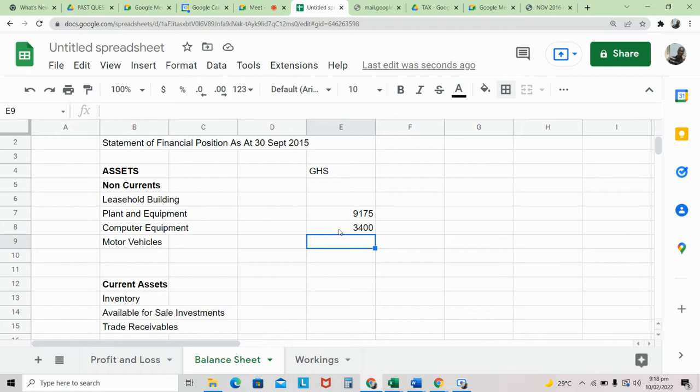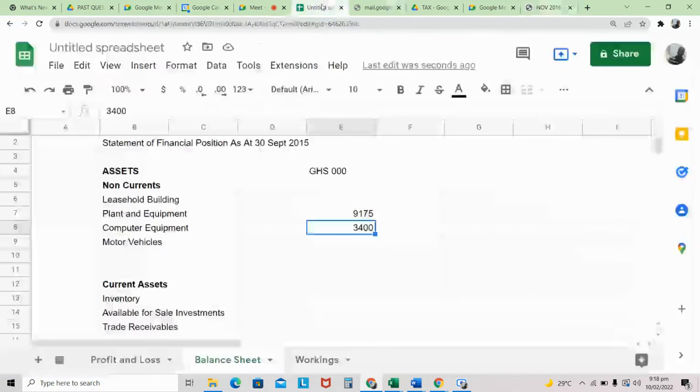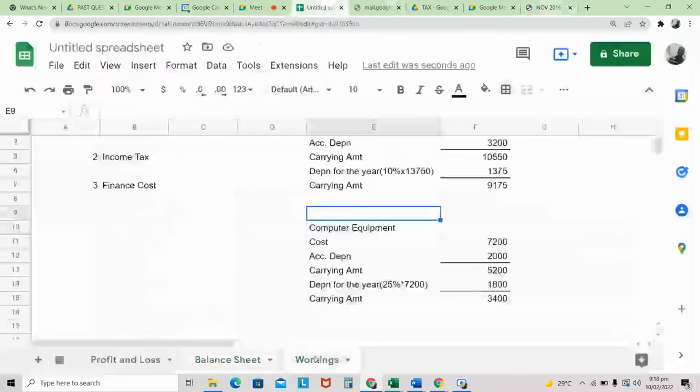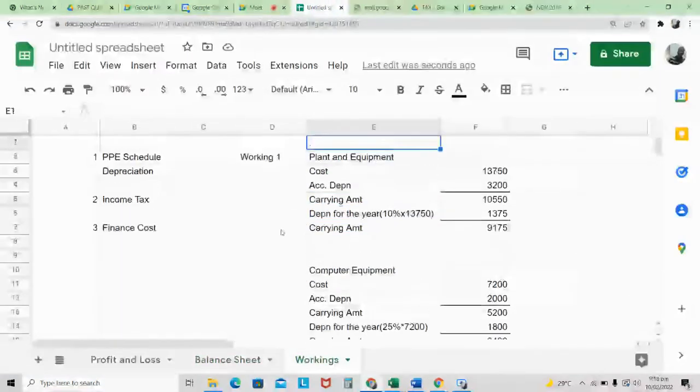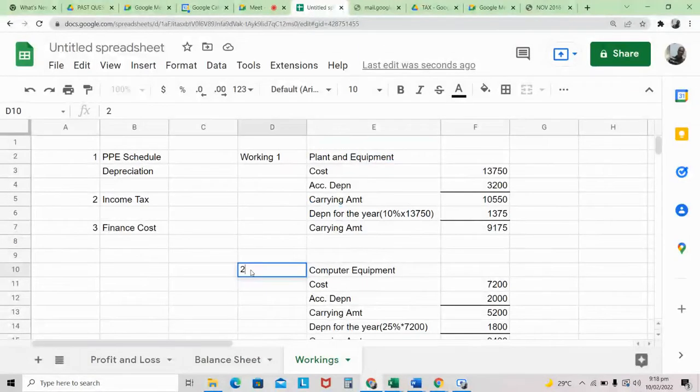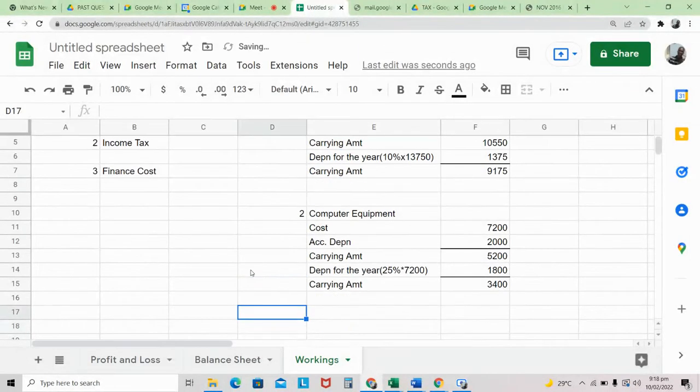Okay, let's look at motor vehicles. So this is working one, working two, working three.